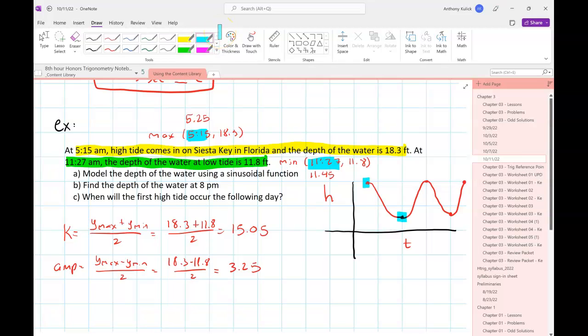So I have a max to a min. How much of a period is that? Half. So 1/2 of a period is going to equal the time from 11.45 hours minus 5.25 hours.